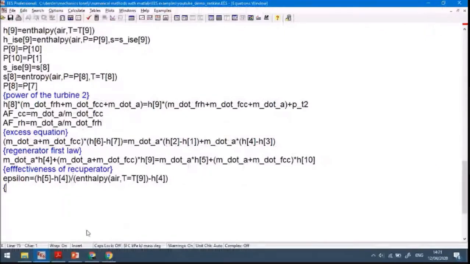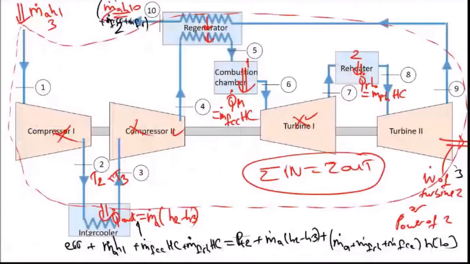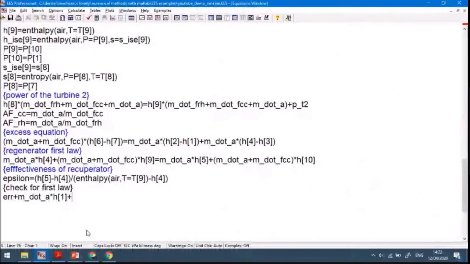We will have a check, so error plus here into enthalpy 1 plus.